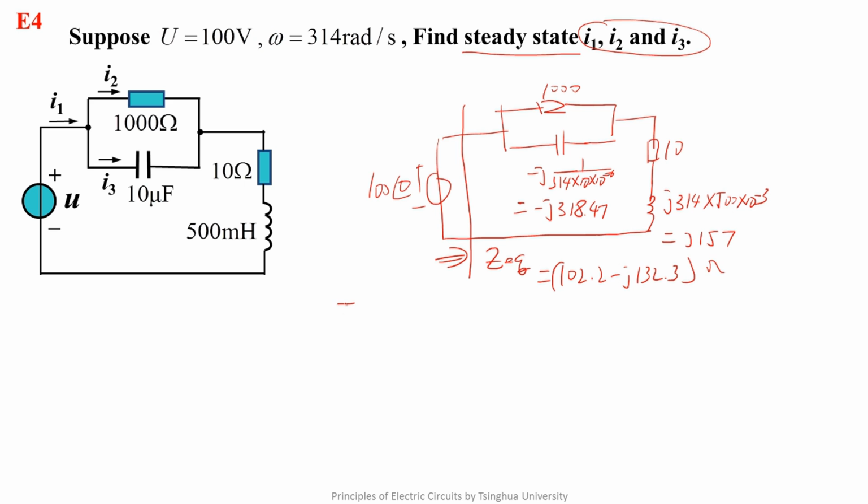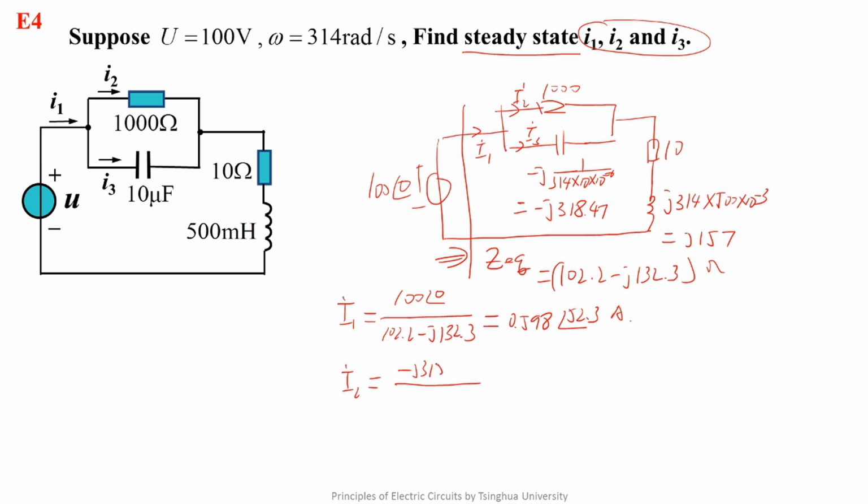So we know I1, and we can mark the reference direction of I2 and I3 in the figure. For the SSS solution of I2 and I3, we need the current division equation for two impedances. That is this.